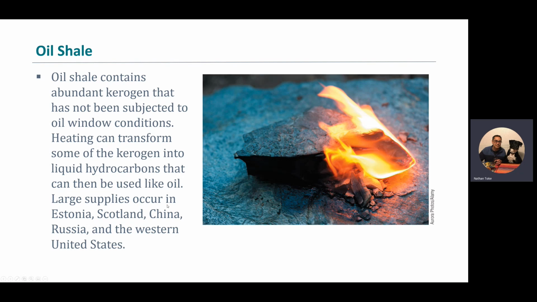And so there are large supplies of this in Estonia, Scotland, China, Russia, and the Western US. And even on the border of Colorado and Utah, I believe there's quite a bit of oil shale around. And so that is likely to be used as we go into the future and the cost of these hydrocarbons goes up.